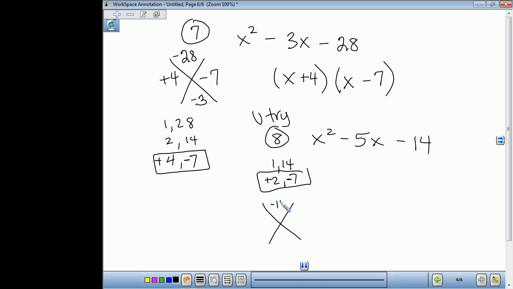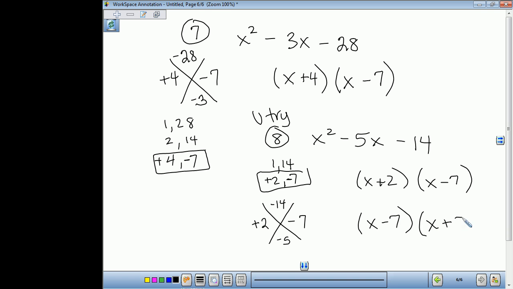So what can I multiply to get -14 and add to get -5? +2 and -7. So these are our two binomials. X plus 2 times x minus 7. Now once again, the order of the binomials doesn't matter because it's multiplication, and multiplication is commutative.